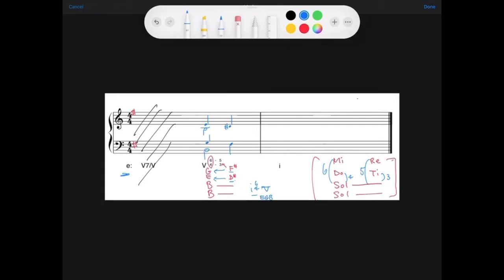And this time we don't need to include the accidental because the key signature takes care of that. The stem should go up because that's in the tenor voice. So B again in the alto, E in the soprano, G in the tenor: do, mi, in this case it's minor, so do, mi, down to so, ti, re.